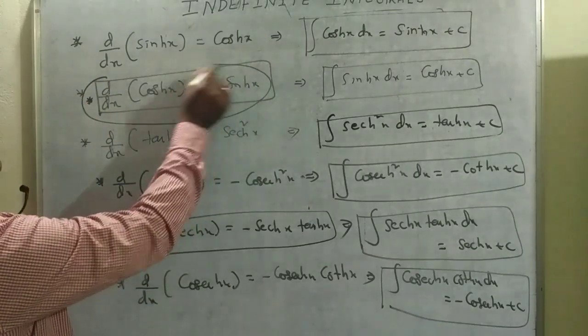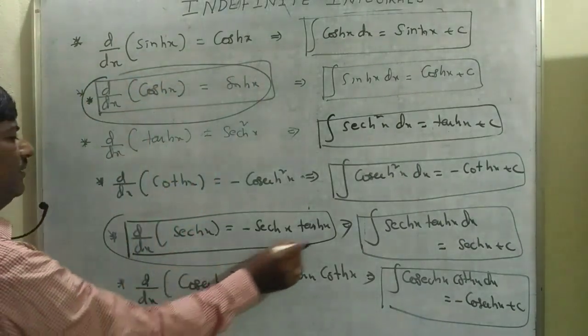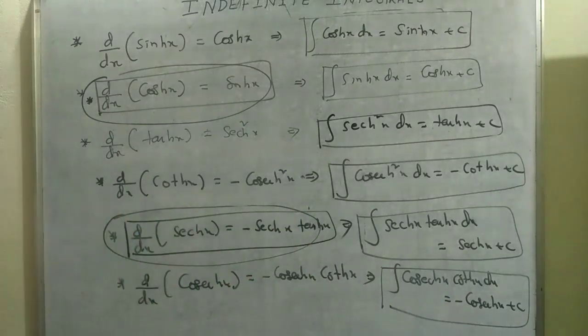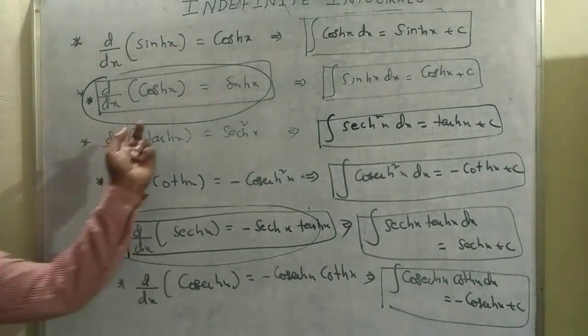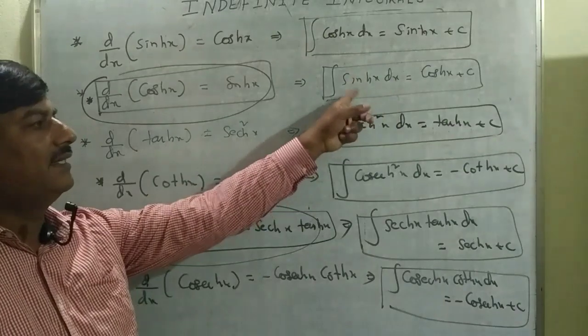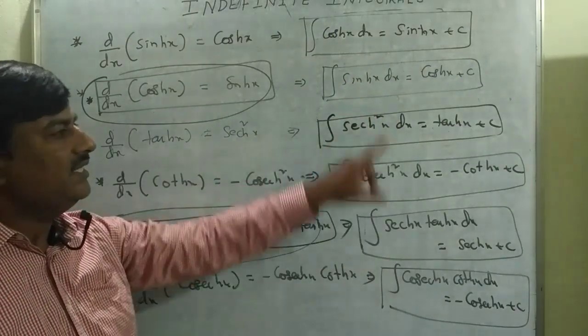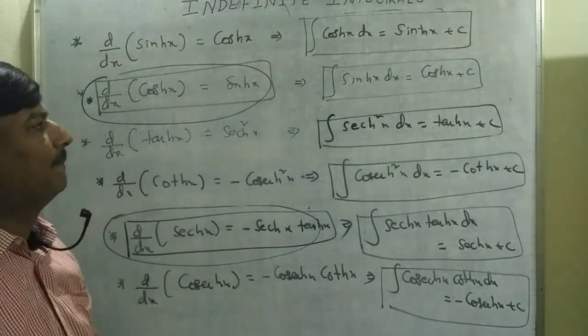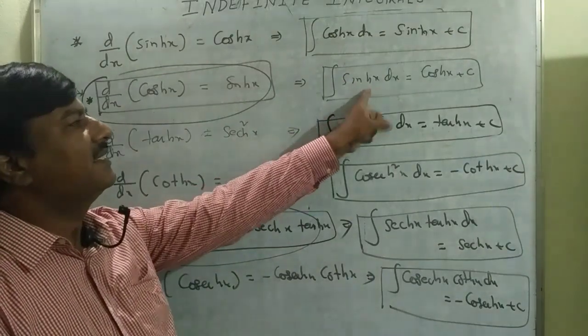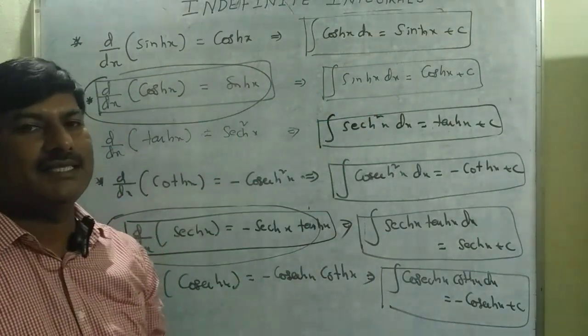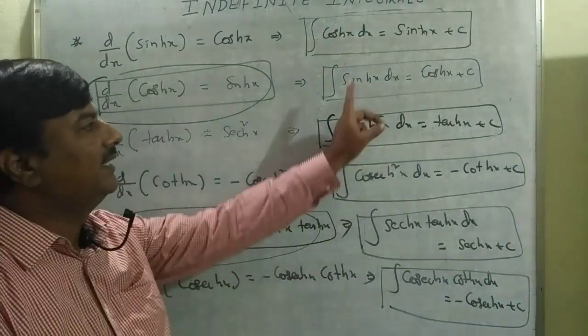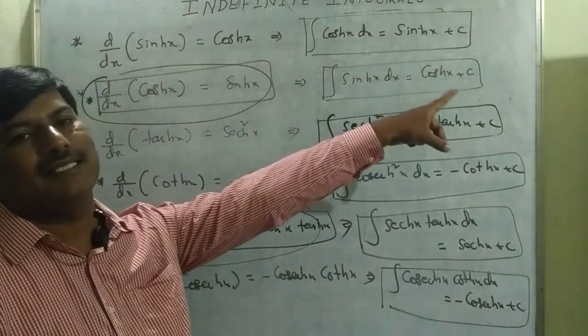This is one formula and this is another formula. We need to remember these formulas. In integration also we get trigonometric and hyperbolic versions, with some differences. The integration of sin x is minus cos x, and the integration of sinh x is plus cosh x.